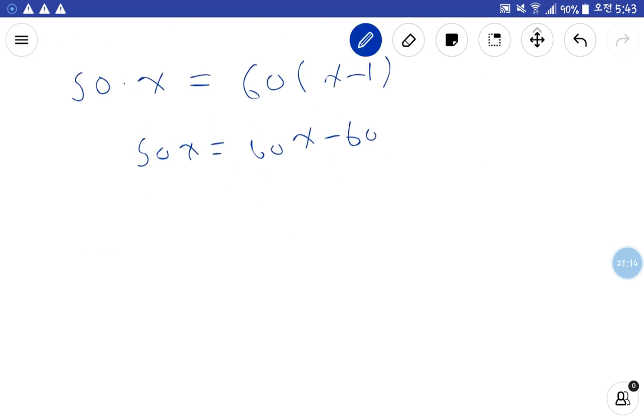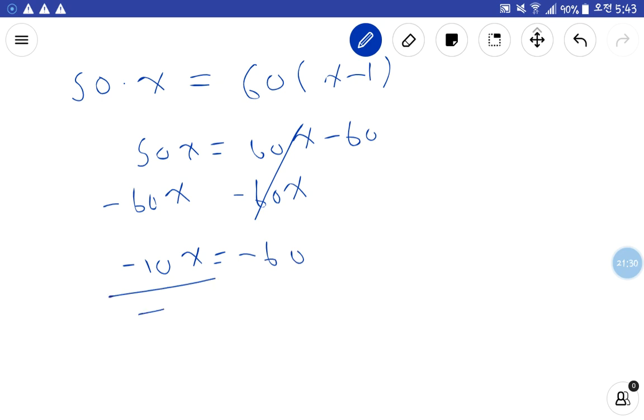Now I'm going to take 60x from each side, since given the structure of the question, it would be easier to calculate. So 50 minus 60, negative 10x equals negative 60. Now what? Divide by negative 10. Then your x would be 6, which means car A's time is 6, right? So how long after car A leaves will car B catch up? 6 hours after.